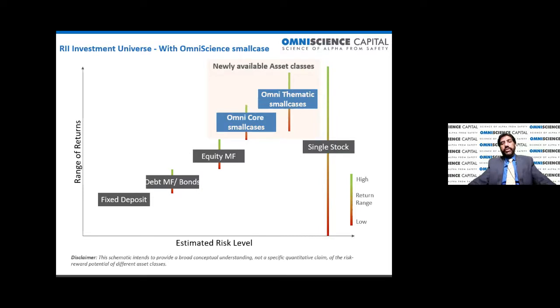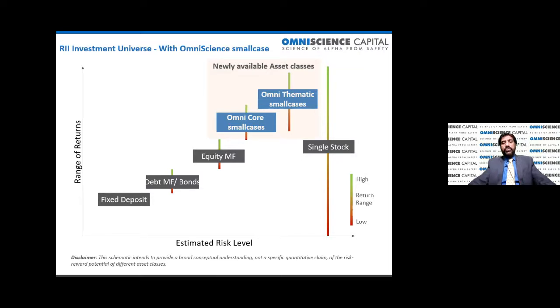And we have the Omni thematic small cases, which have similar risk reward characteristics as a typical HNI thematic investment. So these are the two new classes, and we will share more about how to use this for your clients and to boost the quality of the client's portfolio.